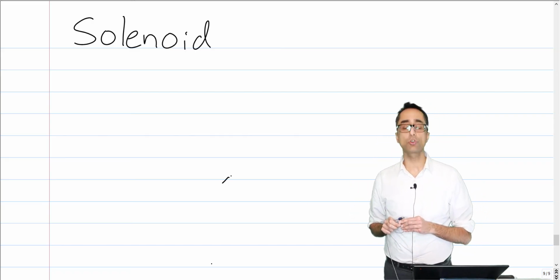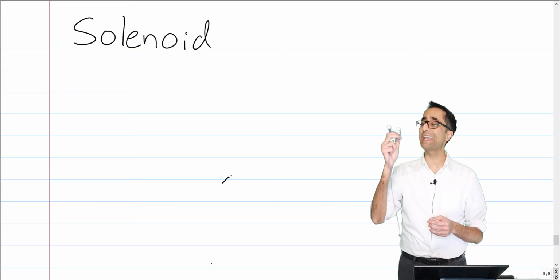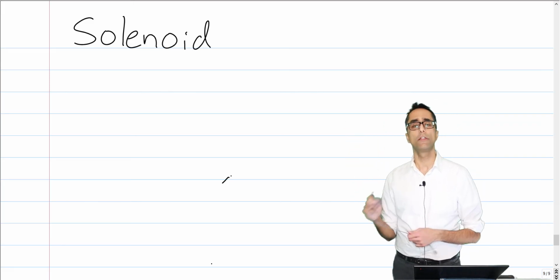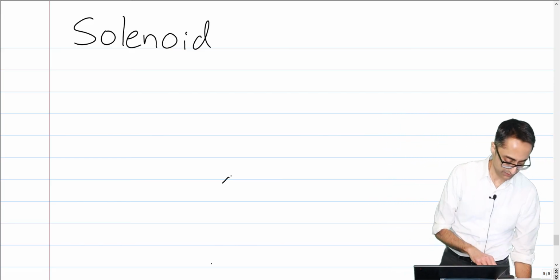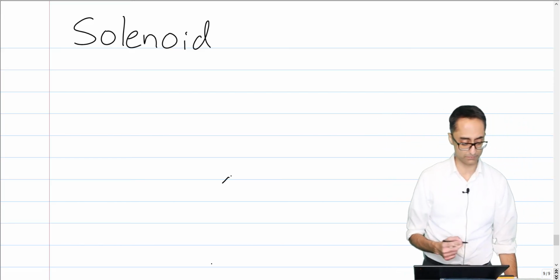And what I want to do is try to think about what the magnetic field through that solenoid is going to be. Let's draw a solenoid first.